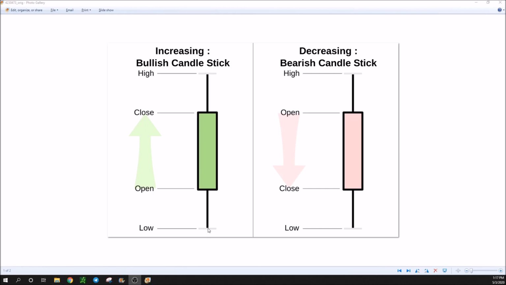After it hit this low point, it bounced and started to go back up, and it came all the way up to this high. And then it dropped again, down to this point.